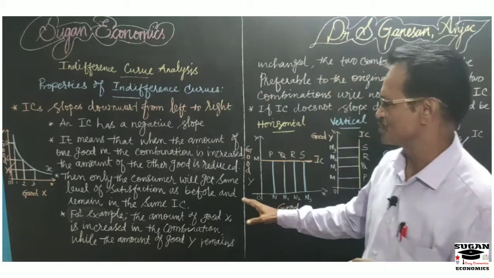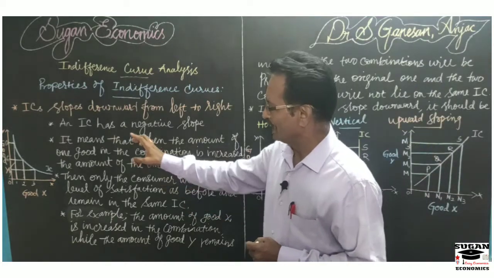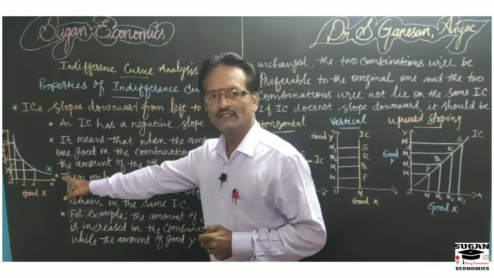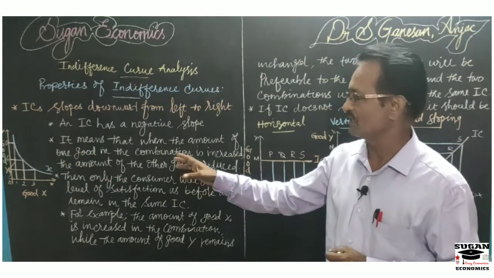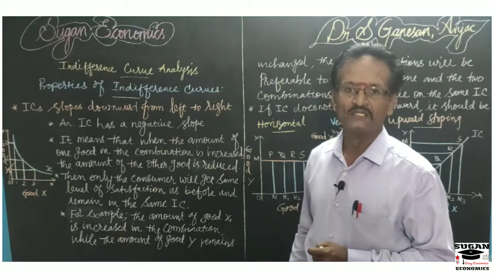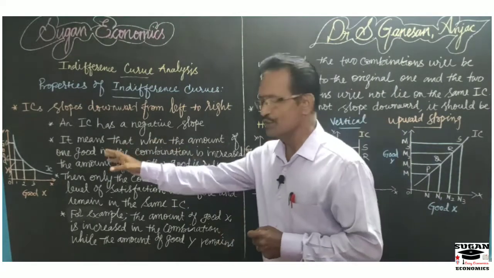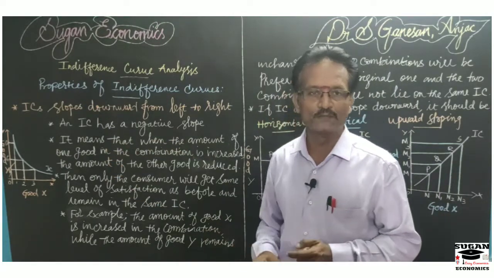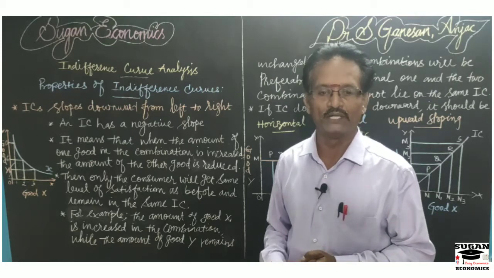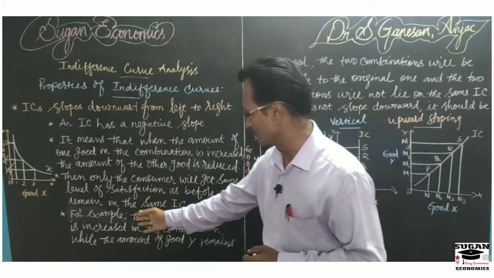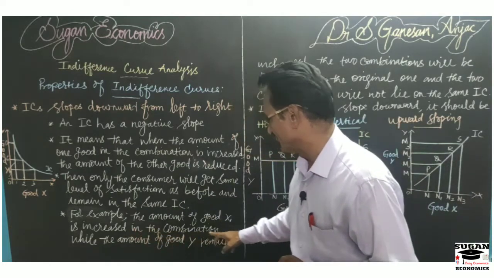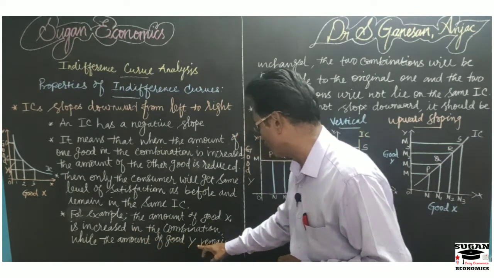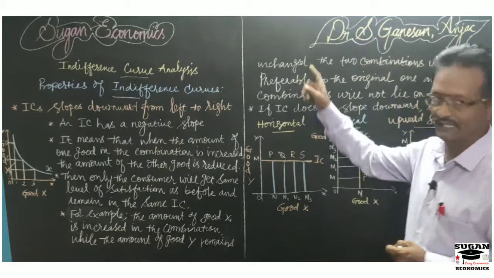For example, suppose the indifference curves are concave instead of convex. Then the diminishing marginal rate of substitution will not be applied here. For example, take the case where the amount of good X is increased in the combination while the amount of good Y remains unchanged.